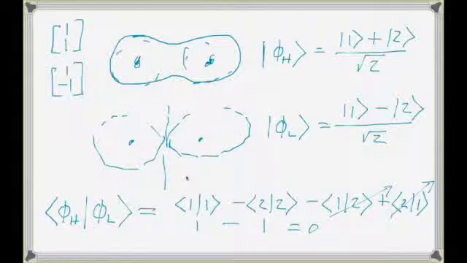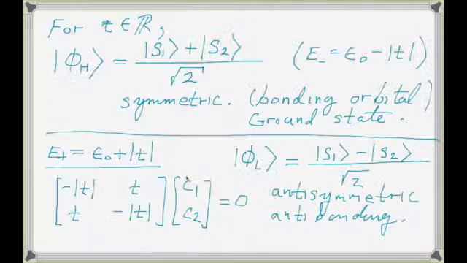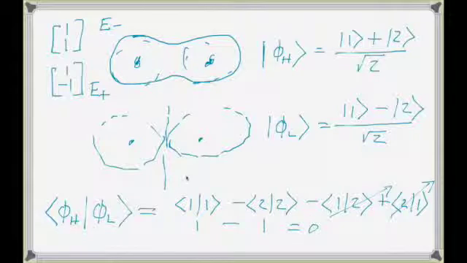This was for our bonding energy, and this was for our anti-bonding energy. The two eigenvectors we got from this. And what I skipped, unfortunately, since we have a few minutes left, was the formal procedure.